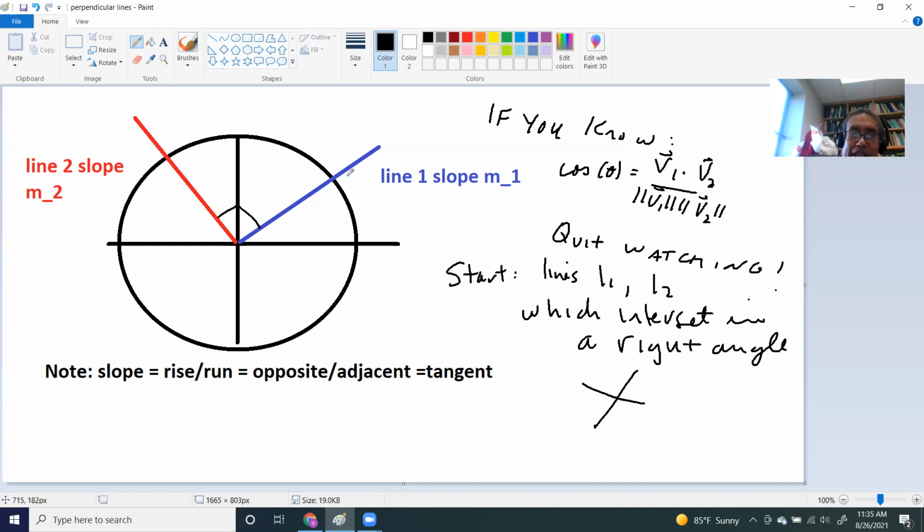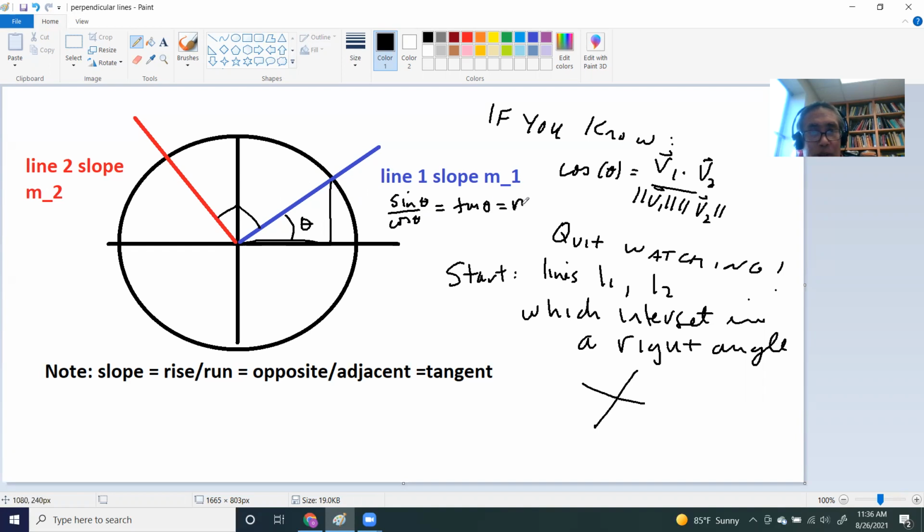So this line has slope M1. This means that the rise over the run, that ratio, is M1. If you measure this as an angle, say theta, and you're assuming this has radius 1, then the opposite over adjacent is sine theta over cosine theta, which is tangent theta.